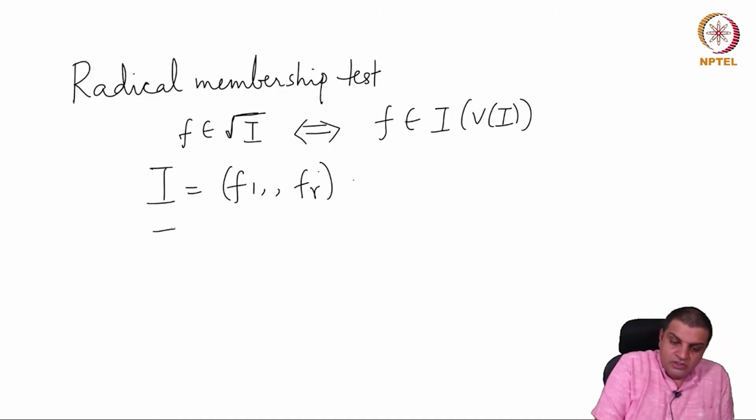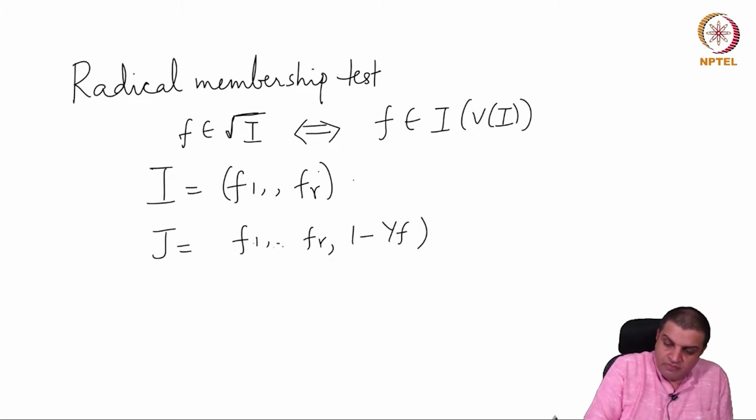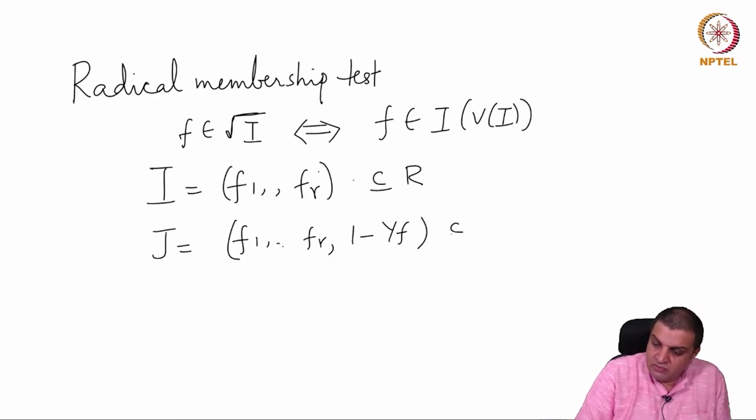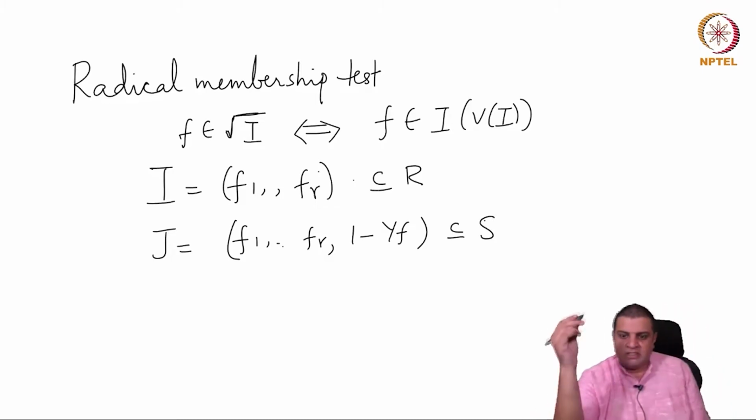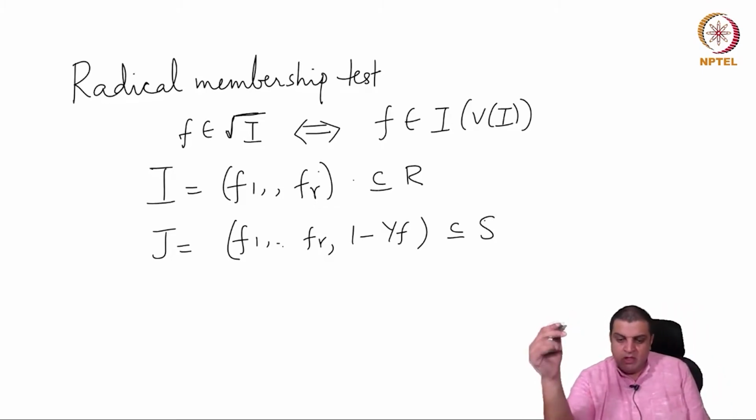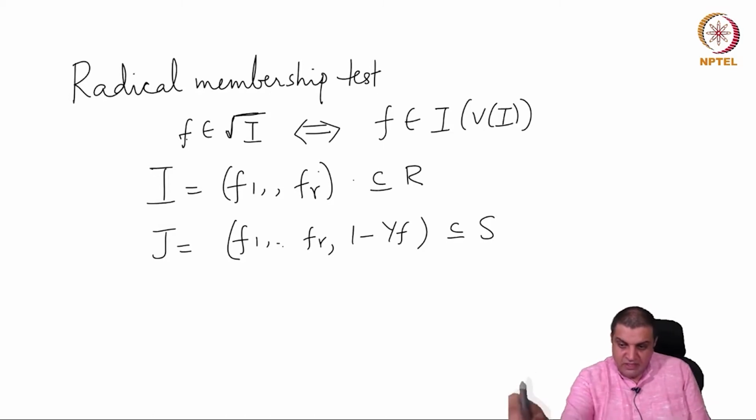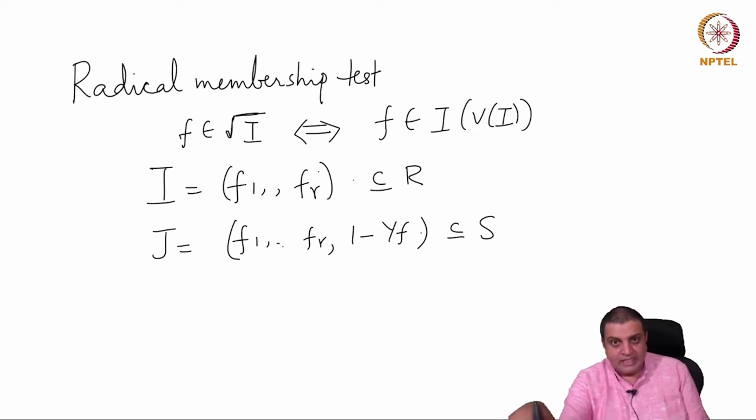and J is the ideal generated by f1 through fr and 1 minus yf. So I is an ideal of R, and this is an ideal of S. Same notation as in the theorem. Now if f belongs to the radical, J would be the unit ideal.